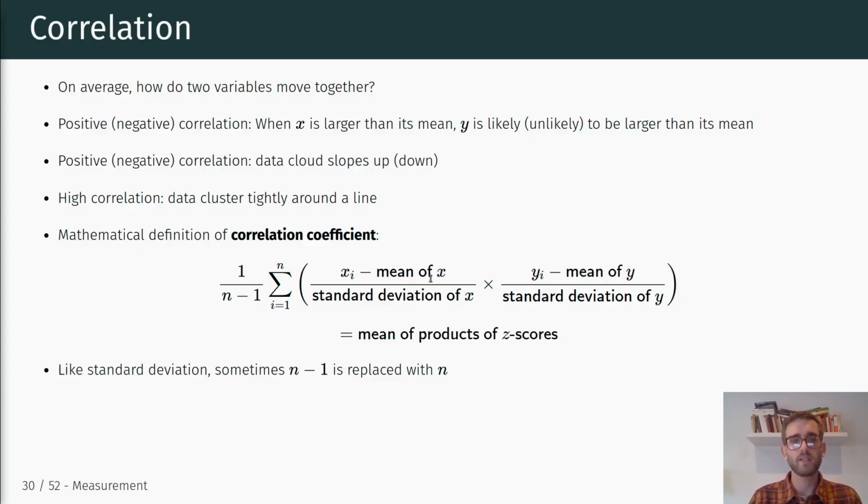Note here that we're dividing this average by n minus 1, and similar to the standard deviation, sometimes we divide by n rather than n minus 1, but ultimately the n minus 1 is basically just a simple correction for the sample estimate ultimately.